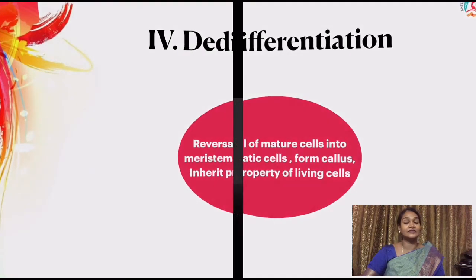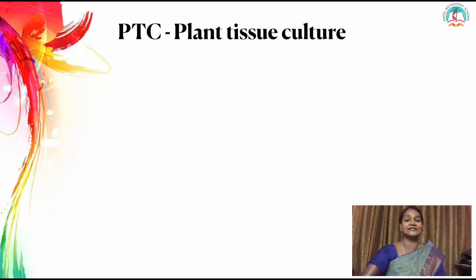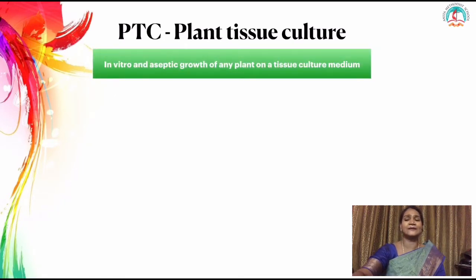Let's learn more about PTC, plant tissue culture. What is plant tissue culture? It's an in vitro culture, that is culture outside the plant, in the laboratory, the aseptic growth of any plant tissue on a tissue culture medium. So what are the steps involved in plant tissue culture? Step 1.